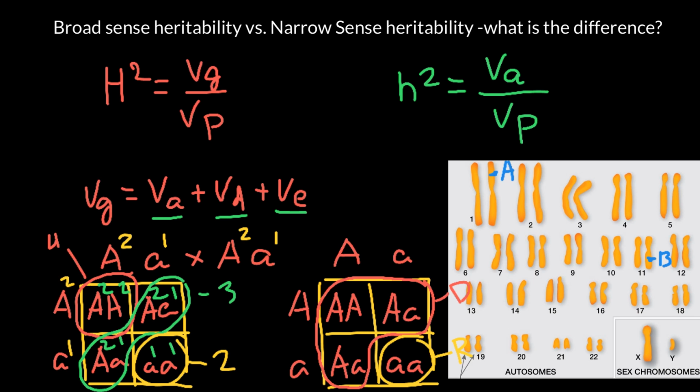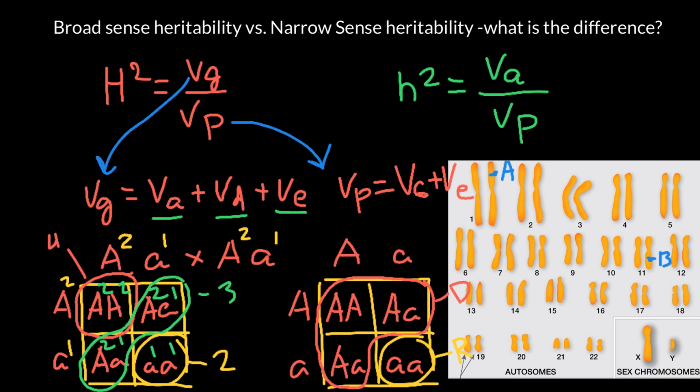Let me put an arrow here, and now let's talk about what phenotypic variance is. Basically, phenotypic variance would be genetic variance plus environmental variance, variance due to environment. So do not mistake it with variance due to epistasis.